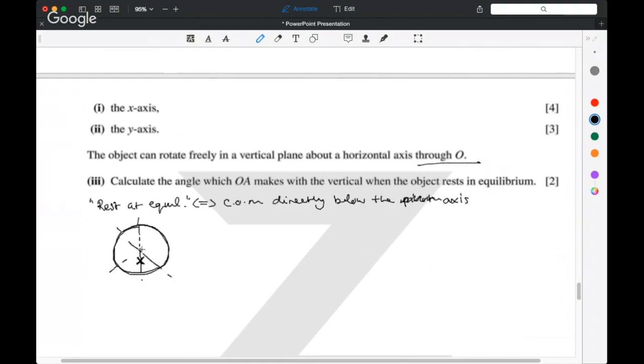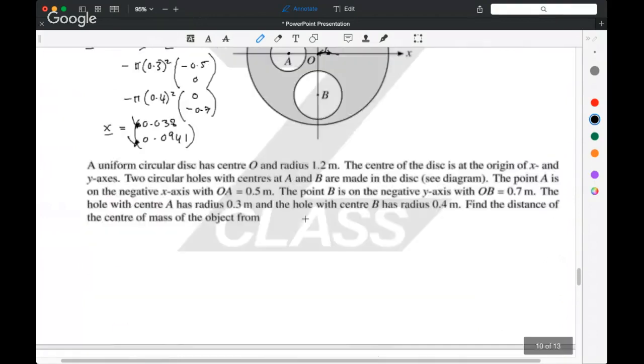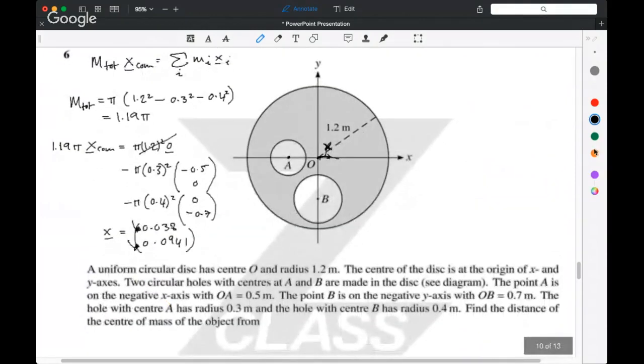So these were the original axes. I'm going to put them in a different color. This was the original x and y axis. Actually it's easier to draw it here.